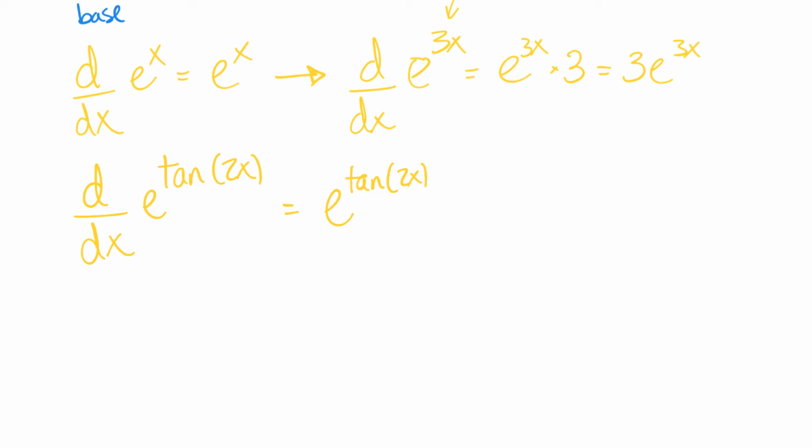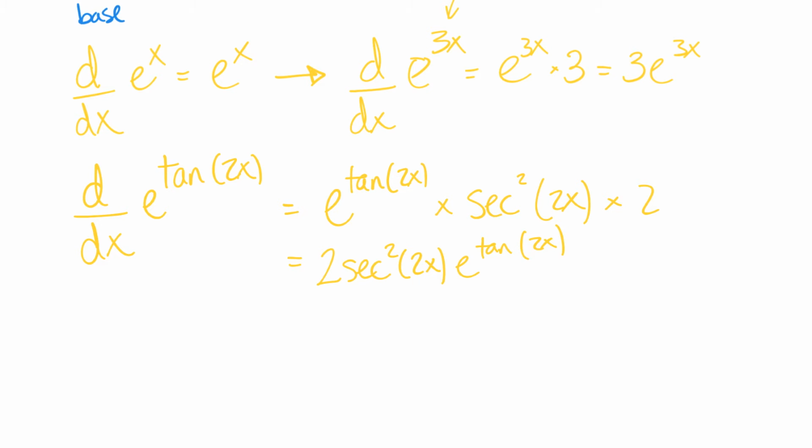But now, in the exponent, we have a tangent. So we need to multiply by the derivative of the tangent, which is secant squared 2x. But then, we also have the 2x, which needs to be included. So there's going to be a 2 here. So the solution would be 2 secant squared 2x e^(tan 2x).